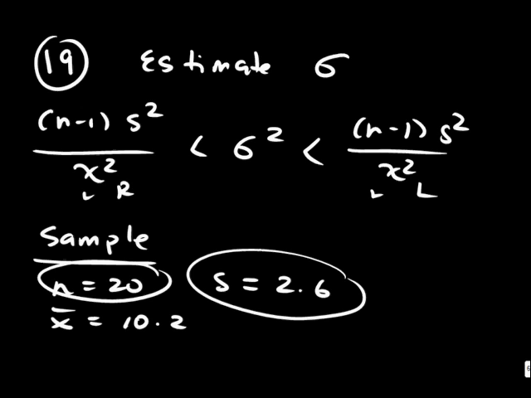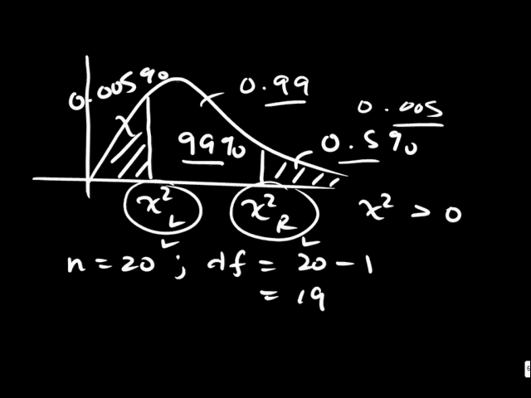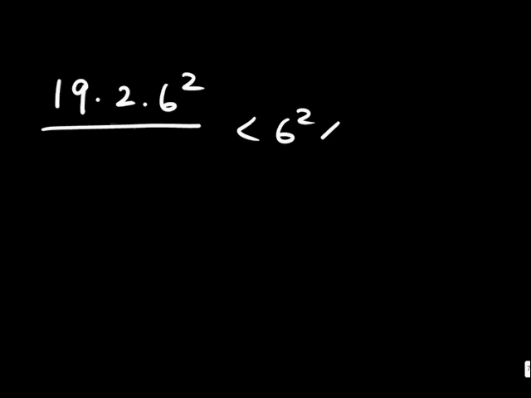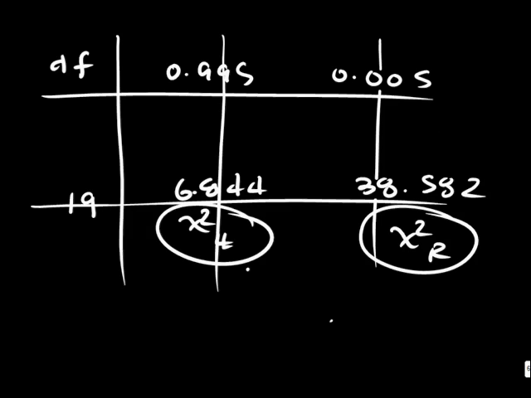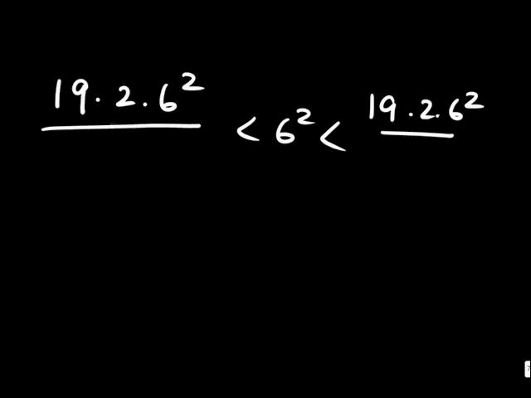Using our format, we get 19 times 2.6 squared over our chi-square value, less than sigma squared, less than 19 times 2.6 squared over another chi-square value. Chi-square R is 38.582. Chi-square L is 6.844.